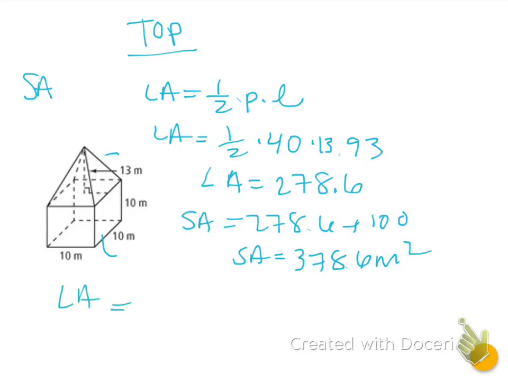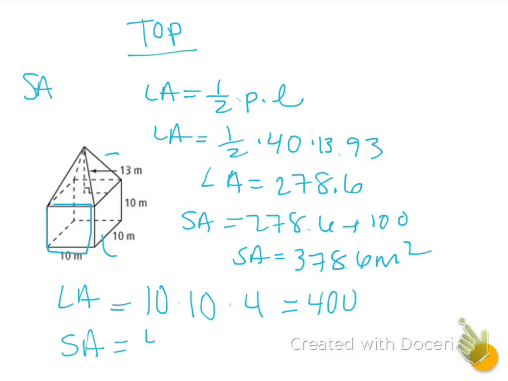Now we have to do the rectangle. So the lateral area is going to be, we have to do the area then times 4. So it's going to be 10 times 10, and then there are 4 sides, so we're just going to multiply it by 4. So we got 10 times 10 times 4, which is 400. But to get the surface area, we need to do that 400 plus the area of the top and bottom.